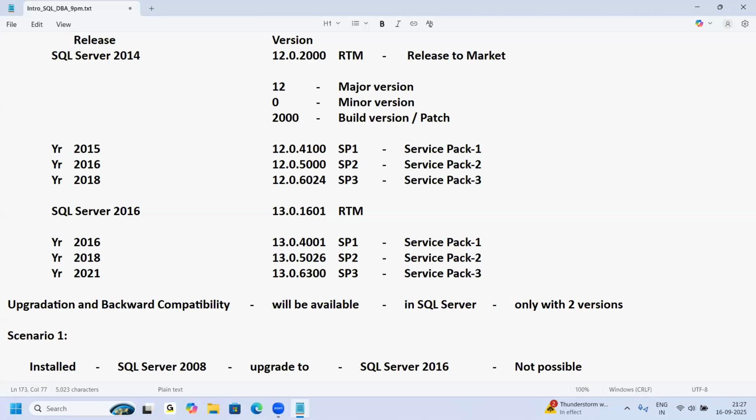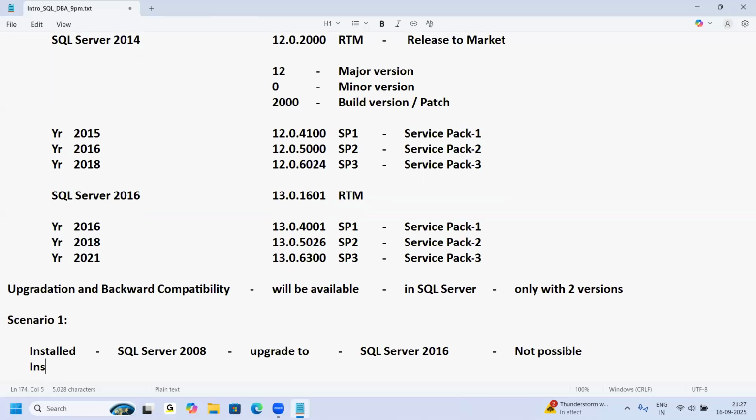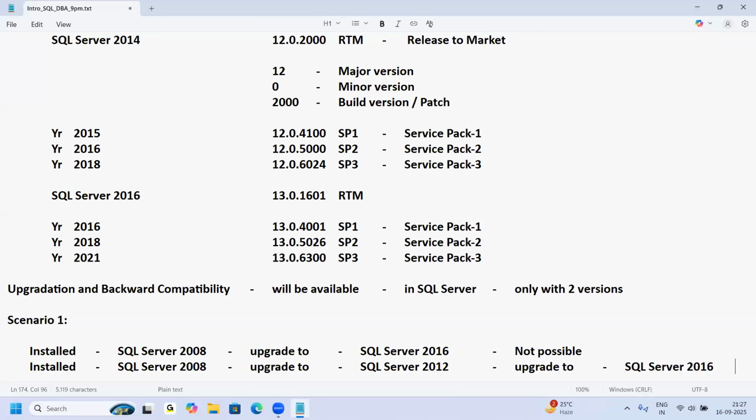Then what to do? You want this upgrade? Then do one thing. You have SQL Server 2008 installed. First, upgrade to SQL Server 2012. Then again upgrade to SQL Server 2016.